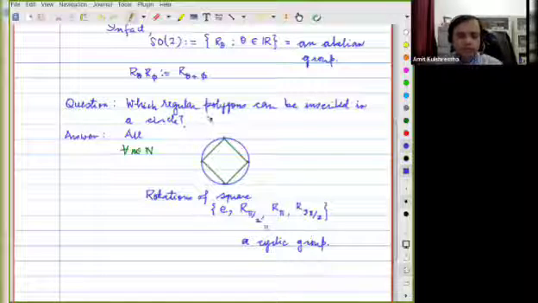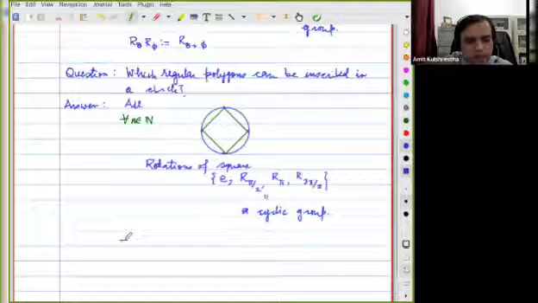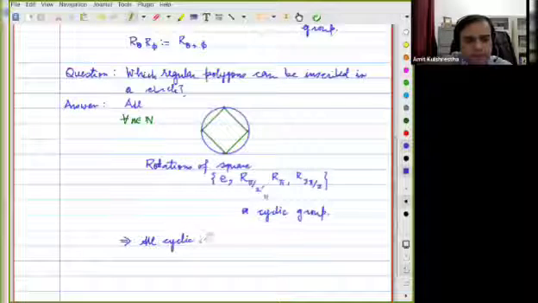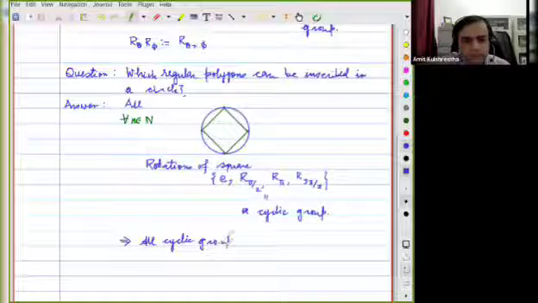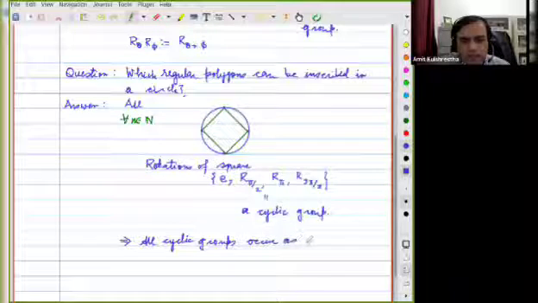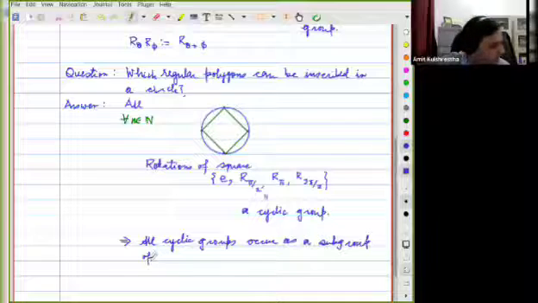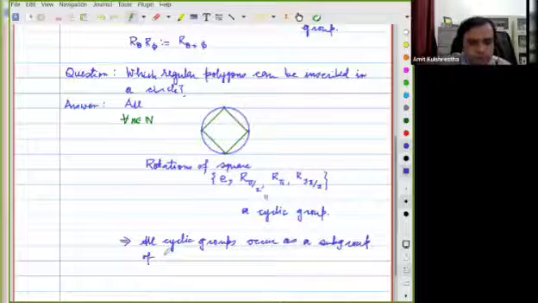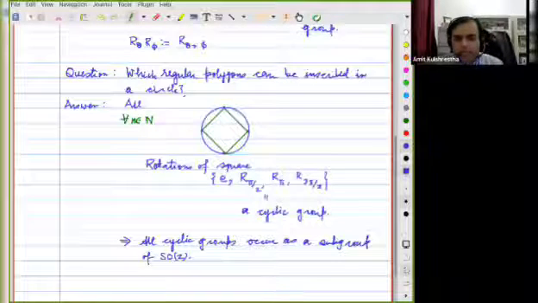So what are we to conclude? That all cyclic groups occur as a subgroup of SO2, right? I hope that conclusion is okay.